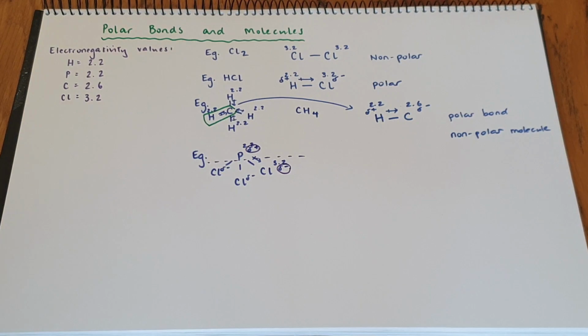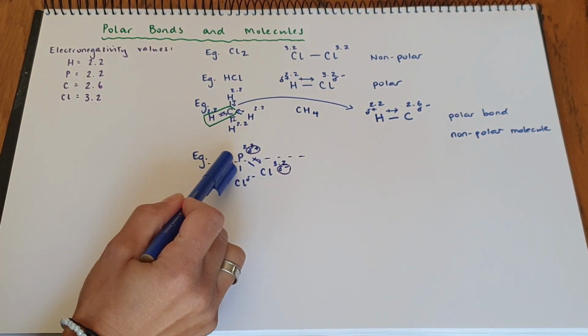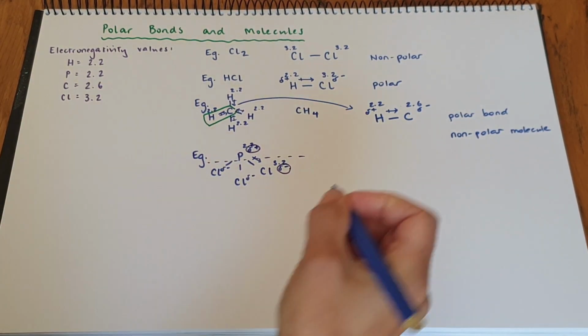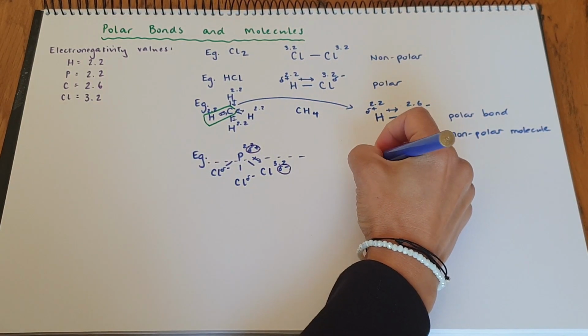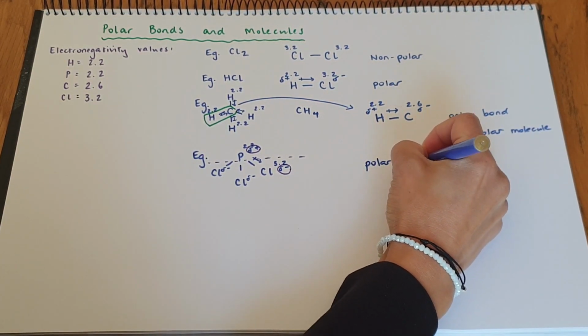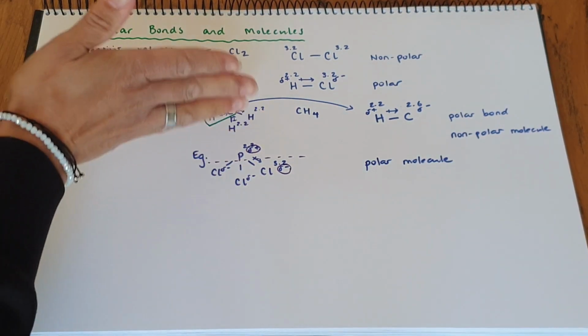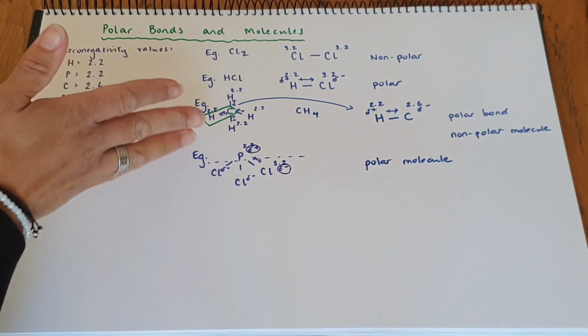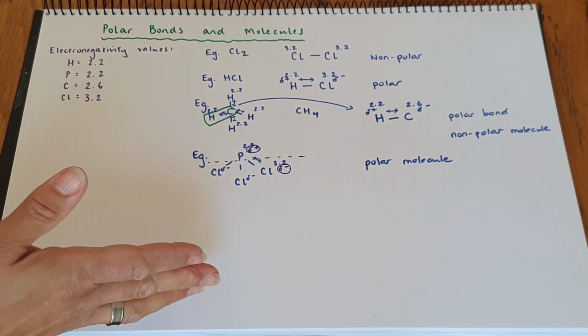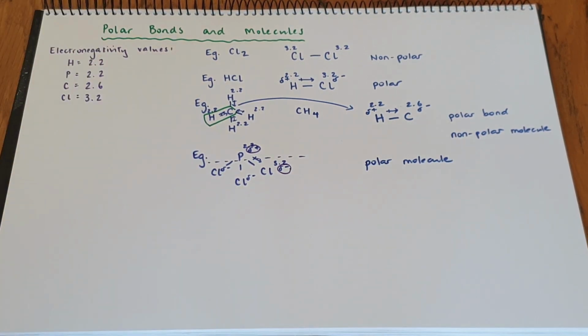Because of that, we have not only polar bonds in this molecule, but it's also a polar molecule. It's asymmetrical, and we have uneven sharing of electrons, so that one end is feeling more of those electrons than the other end.